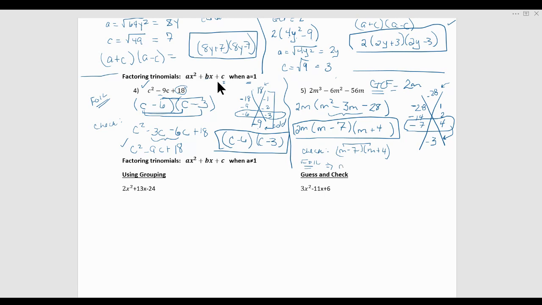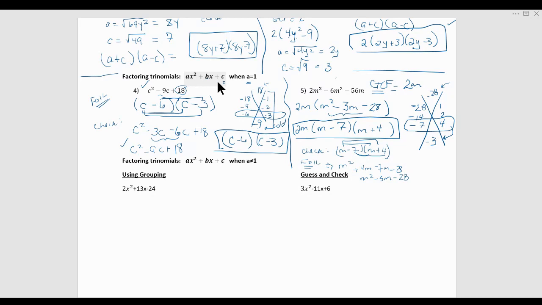So I do m times m, I get m squared, my outer terms plus 4m, my inner terms minus 7m, and then finally my last terms, a negative 7 times a positive 4, I get a negative 28. These two center terms will add up to a minus 3m and then a minus 28.